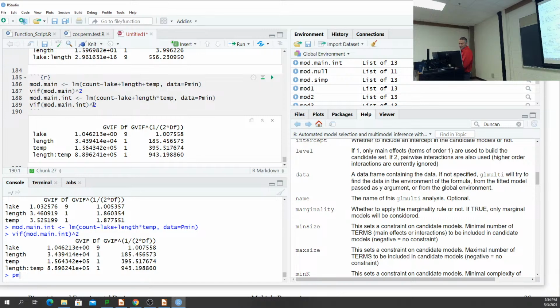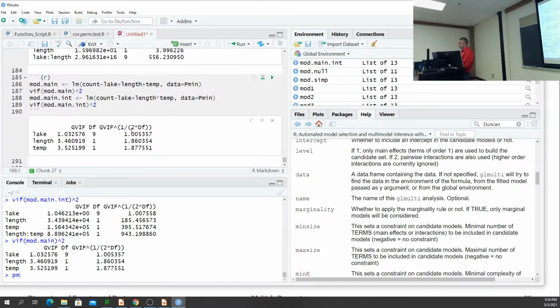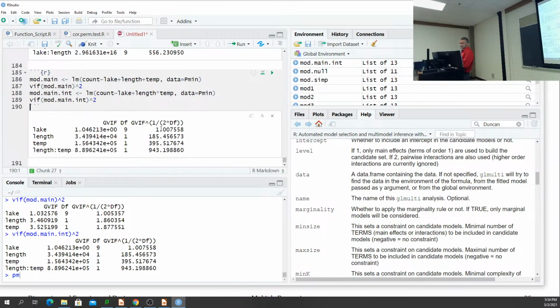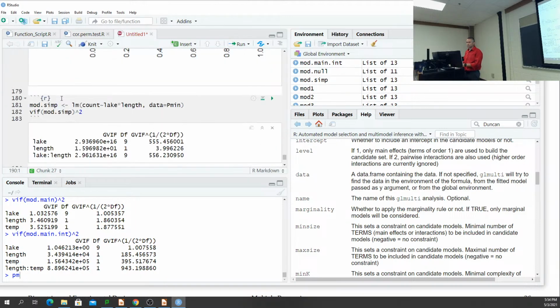When we go from here, where everything looks good, but if we had an interaction effect, look at how these things get jacked up. It's because the interaction effect includes both length and temp. The interaction effect is in and of itself correlated to the main effects. So going back to our actual simplified model, where we have lake, length, and the length interaction term, it's no big surprise that this is so high, because it's part of the interaction term. The interaction is, by its very nature, correlated with its own main effect.